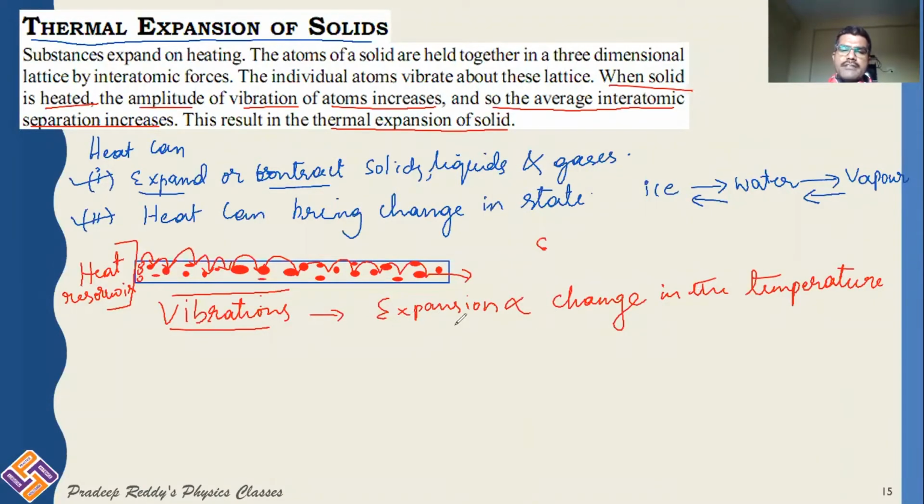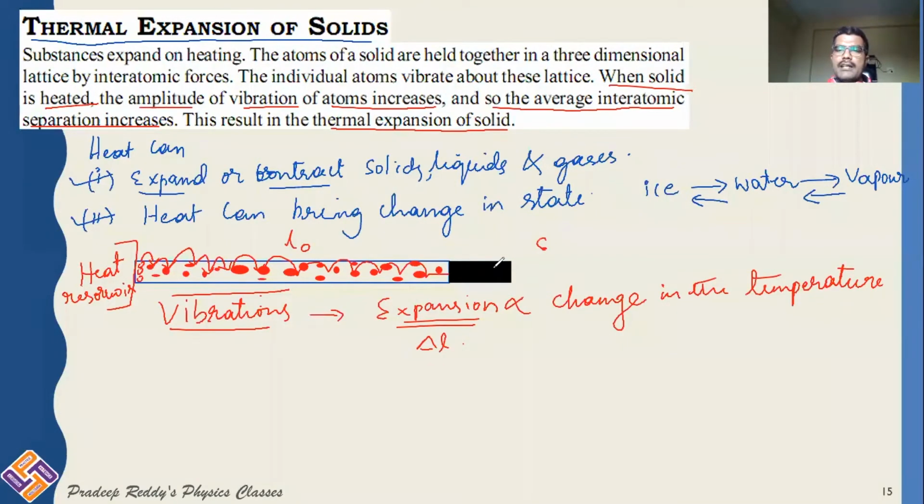So expansion is delta L. Let us consider that initially the length of the material is L naught. After absorbing some heat energy, its temperature increases. Because of that, there is a slight increase in the length.